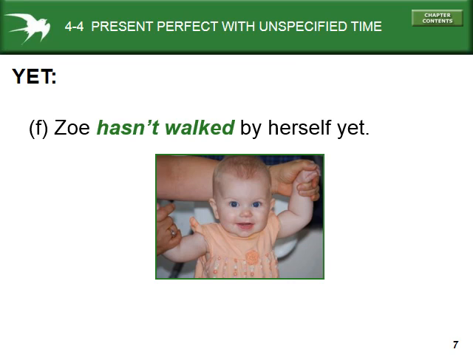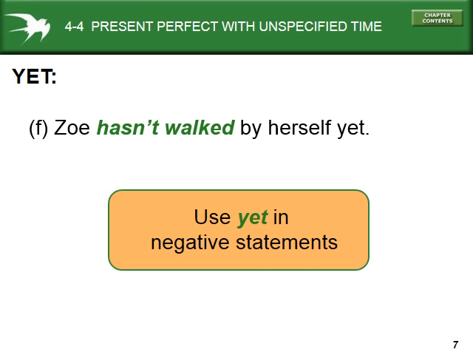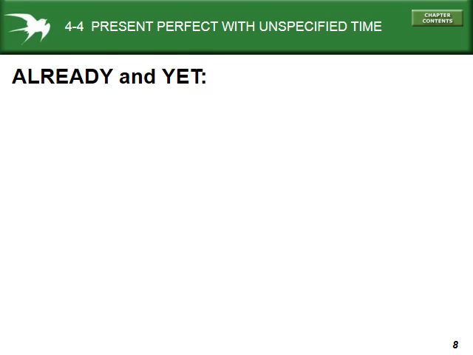Already means that something happened before now, that it was completed before now. Yet means that up until this time, something has not happened. So it's sort of the opposite of already. So Zoe hasn't walked by herself yet. So yet is used in negative sentences. So we see here the difference between already and yet.